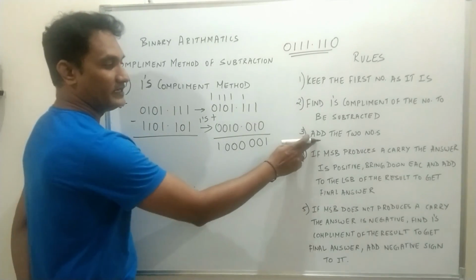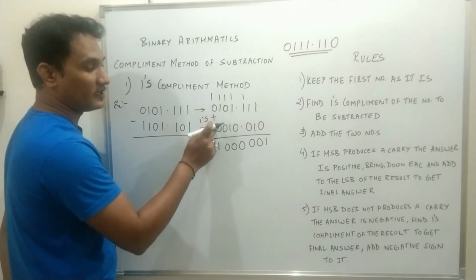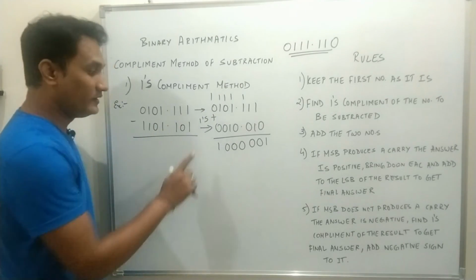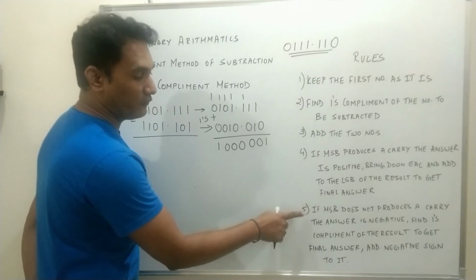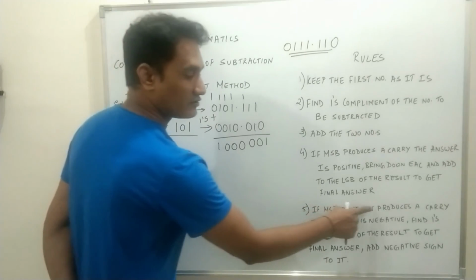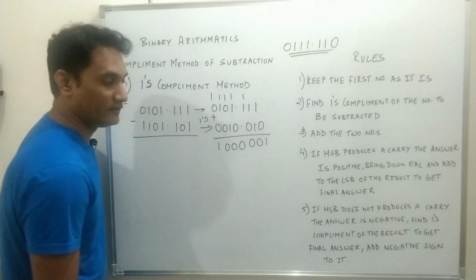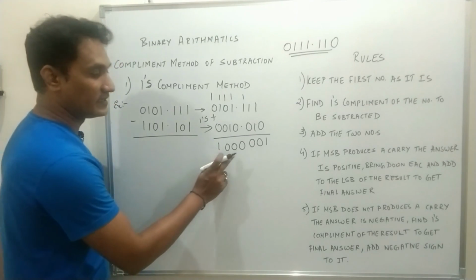Now, after the addition of the two numbers, we will see, does the addition of MSB produce a carry? Do we get an end around carry over here? No. So out of this 4th and 5th, which condition satisfies? The 5th one. If MSB does not produce a carry, what has to be done? The answer is negative.